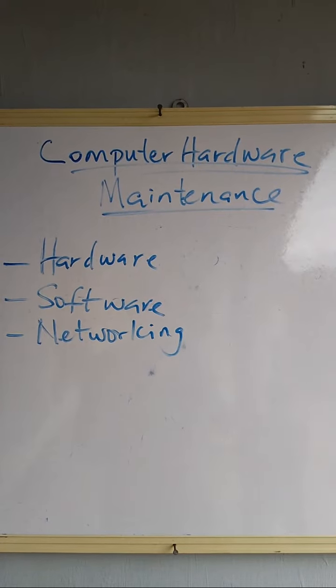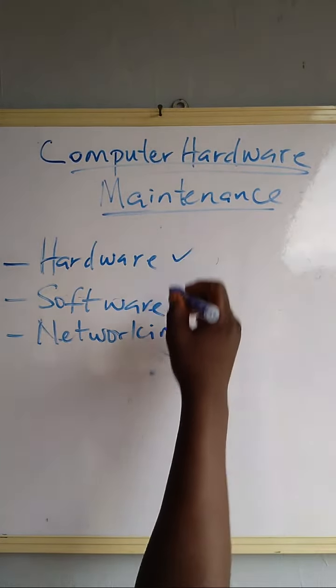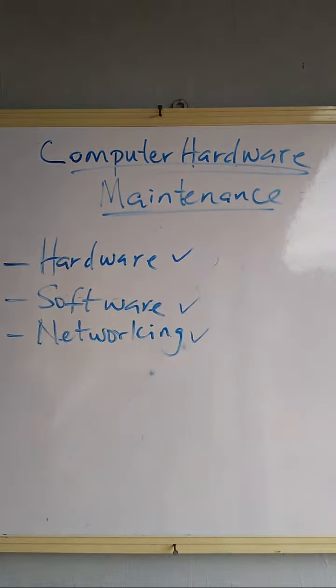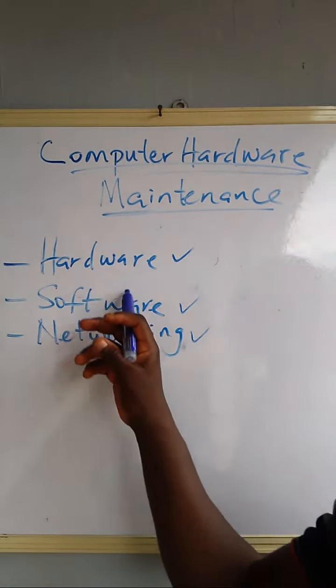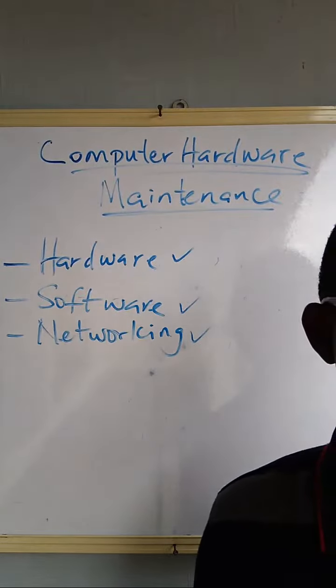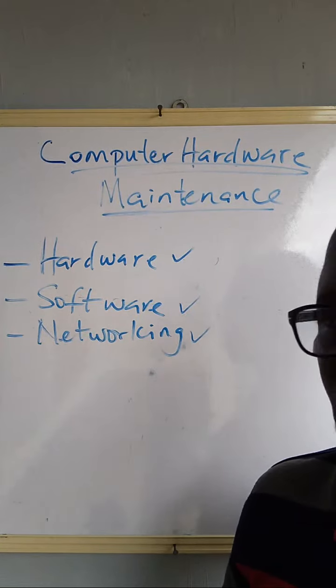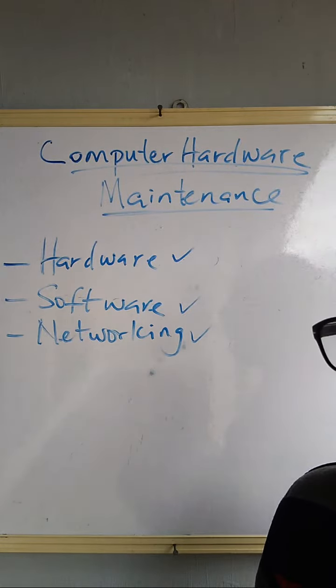Okay, so like I said, the problem can be various: hardware, software, networking. Computer problems can come from any of these three or a combination of these. Any two can combine to cause a problem for the computer system. So these are problems that can arise.